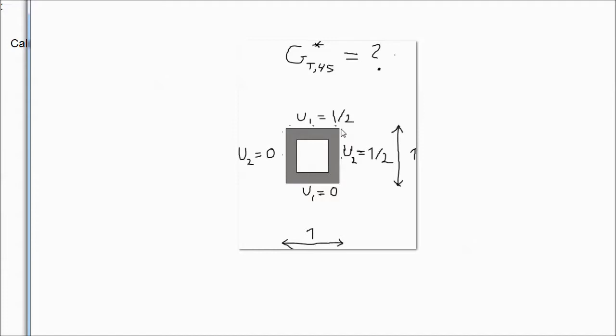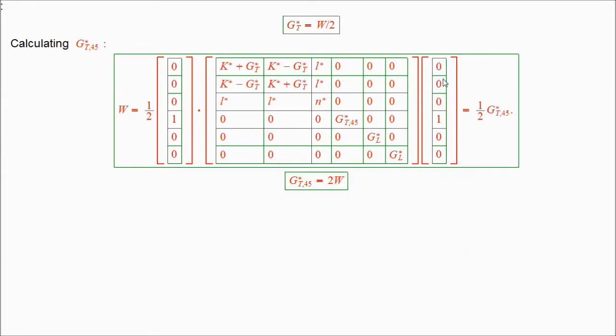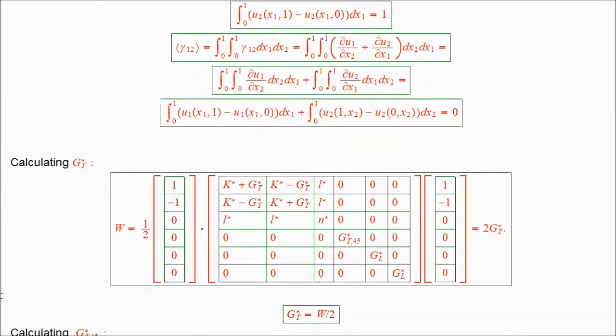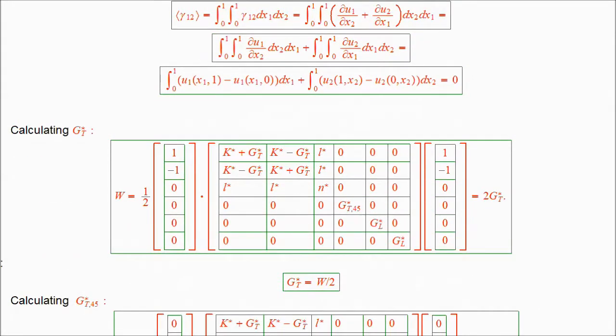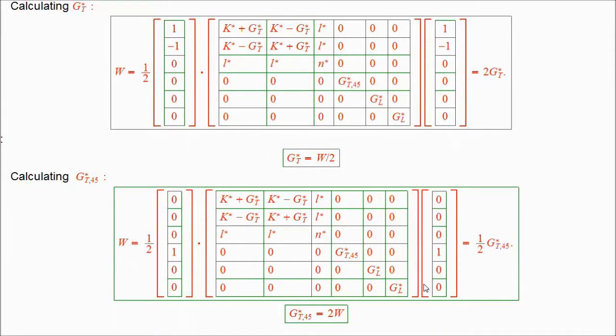And calculating the average strain, exactly as we did when we were calculating the integrals earlier, we find that this will give us the average strain vector 0, 0, 0, 1, 0, 0. You can do it yourself. Use the method I used above, compare with this method, and you will see that this vector is what I get.